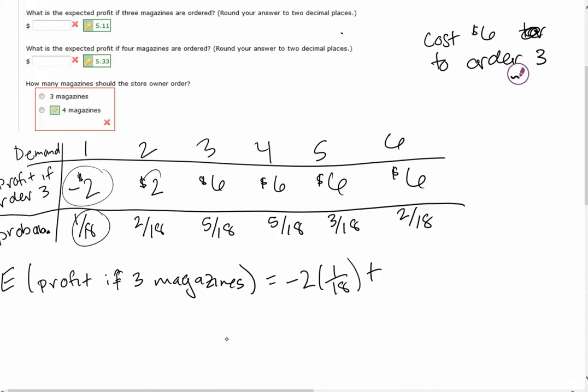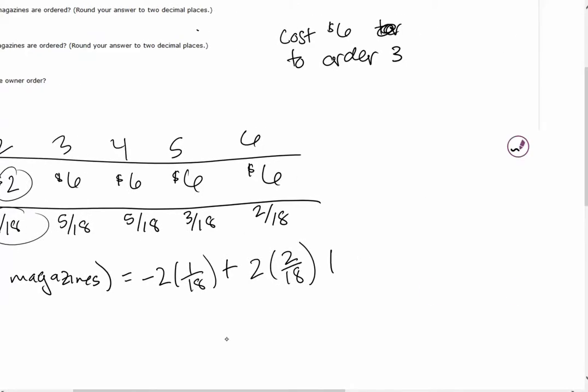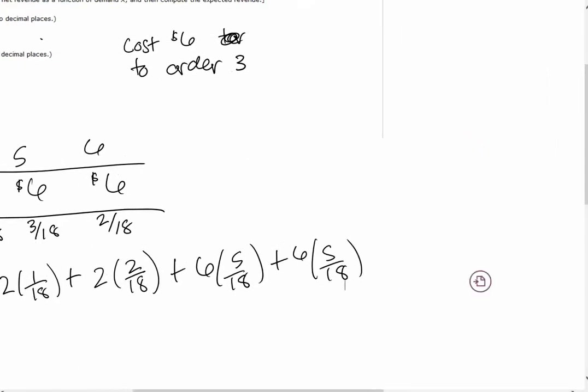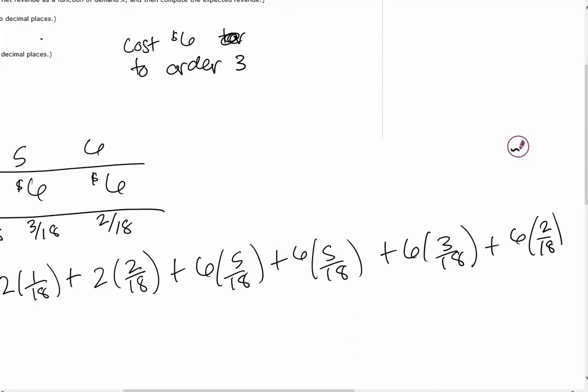Plus the next possible value, which is 2 times its probability of 2 out of 18. Plus the next one, so 6 times 5 out of 18. Plus 6 times 5 out of 18. Plus 6 times 3 out of 18. Plus 6 times 2 out of 18.